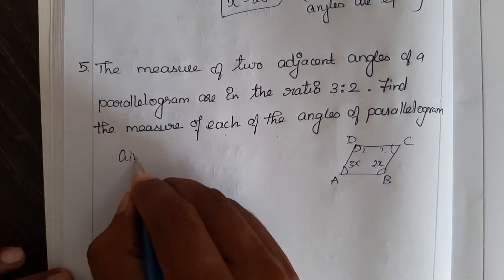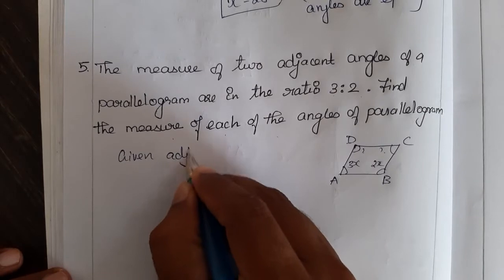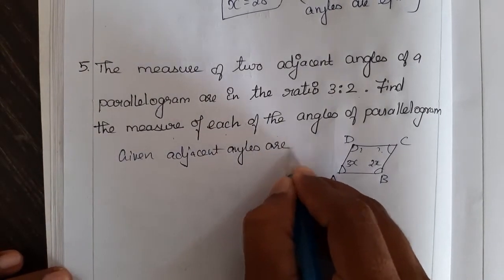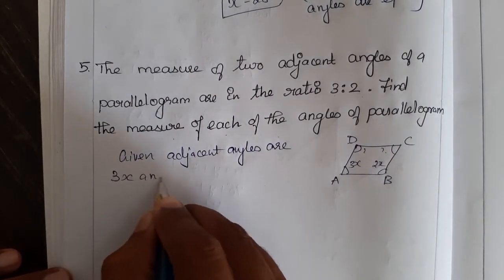So it is given adjacent angles are 3x and 2x.